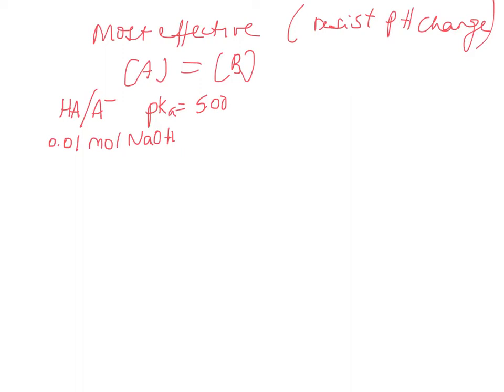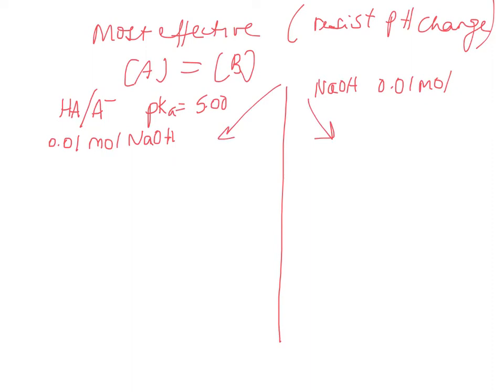So essentially, I want to vary the acid to base ratio in the two solutions. That's what I want to do. So we are going to probe two situations: I'm going to add 0.01 moles of sodium hydroxide to both of those solutions. Both of the solutions contain HA.